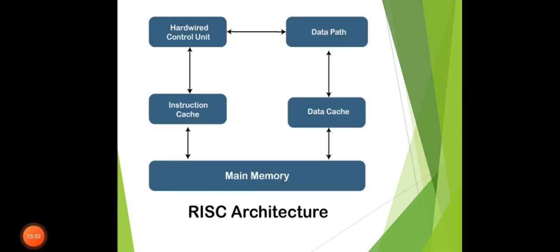This is the block diagram of RISC architecture, which consists of main memory, instruction cache, hardwired control unit, data path, and data cache.